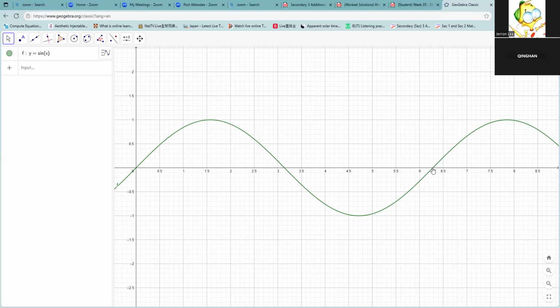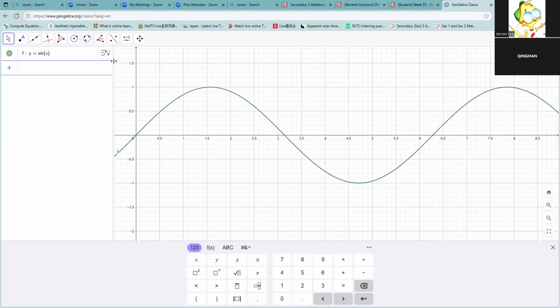Now we can do some changes to this sine graph. Let me share with you what if I do something else. Let me use the same sine graph and I will move it up. You notice something?